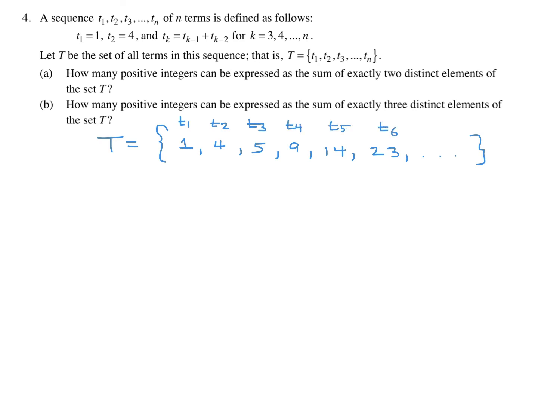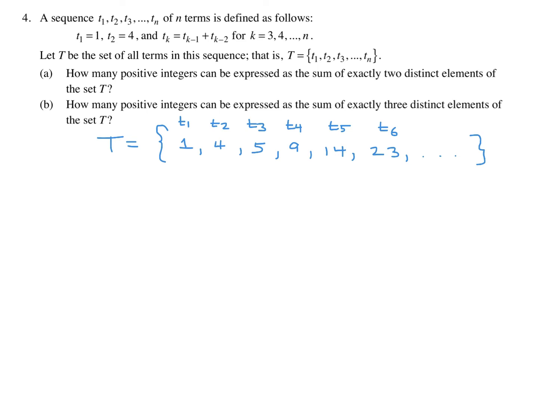I think that should be enough to describe what's going on and then prove our question. So what they're saying is that if you take any 2 of these terms and add them, the sum of exactly 2 distinct elements, what possible sums do you get? How many of them?